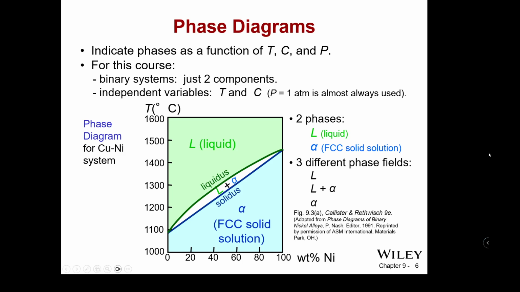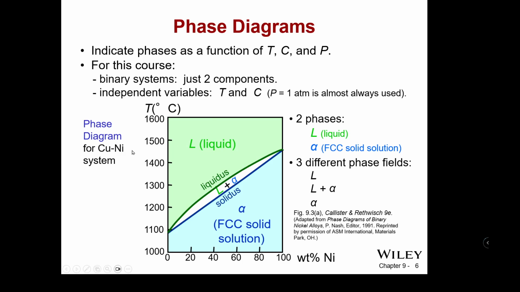So here we have an example of the liquidus line and the solidus line. Below these temperatures at these given ratios, we have a solid. In the middle, we have a liquid plus solid. And above this liquid envelope, we have all liquid.